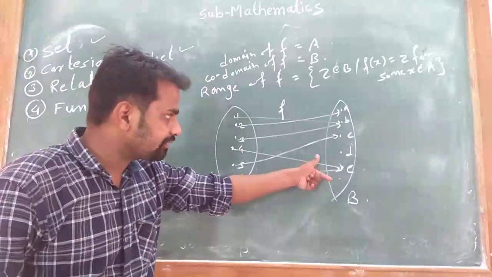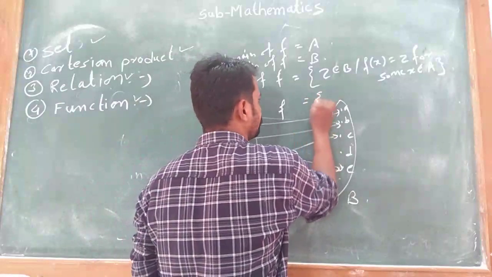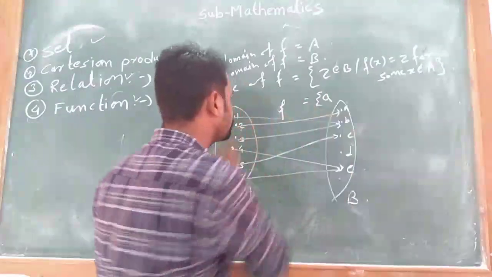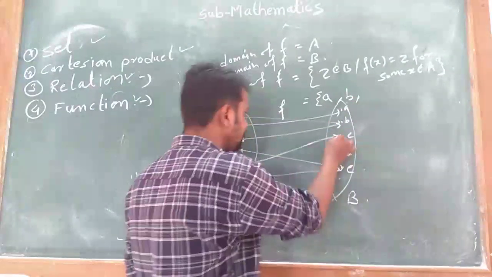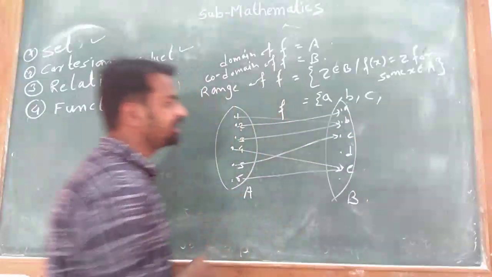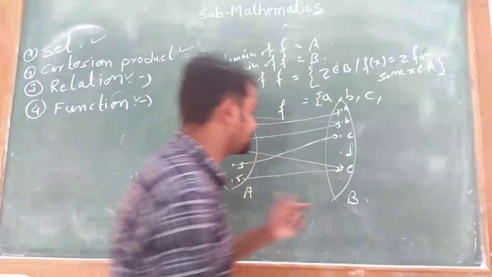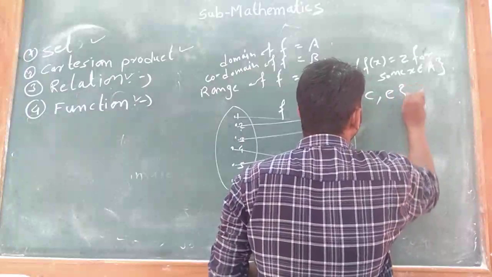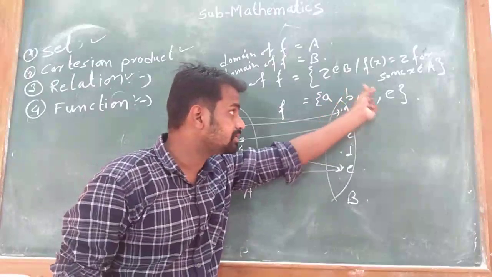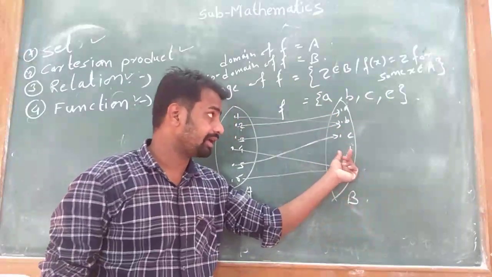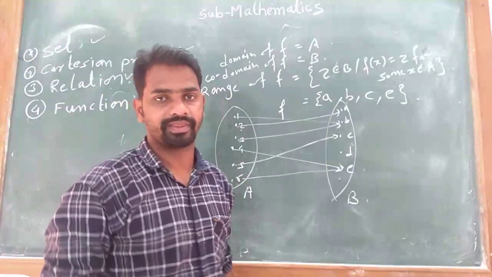A is the image of 2, so A is contained, B is also contained, C is also contained. D is not contained because D is not an image of any element. E is contained in the range of f. So the range of f is A, B, C and E. D is excluded because D is not the image of any element in the domain.